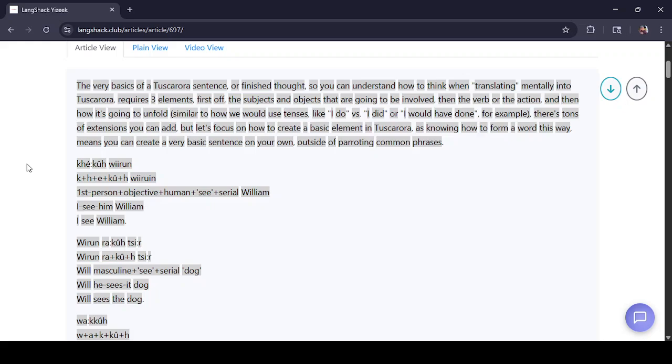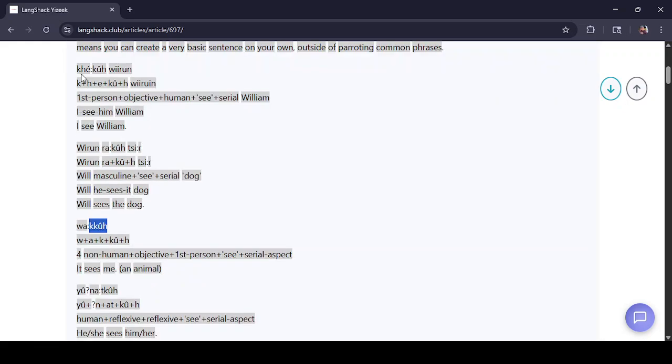In that sentence, I was in the first position, and our human object was in the second position. In this one, I am the object, so I'm in that second position, not the first position. If it were it sees me, or if it were I see it, it would be exactly like that.